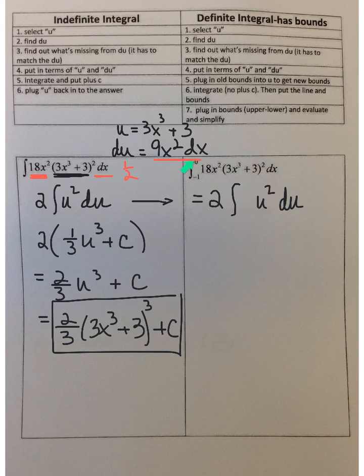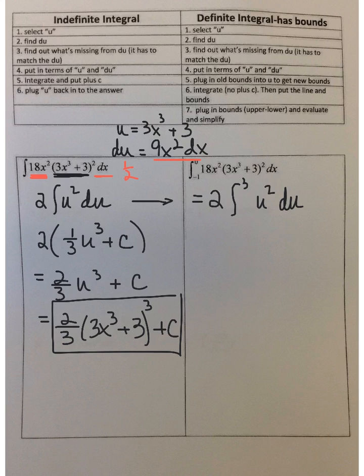And when I say put it in terms of u, it just means plug it in here for my x. So I'm going to do 3 times 0 cubed plus 3. Okay? And so when I do that, do you see that my new bound then would be a 3?